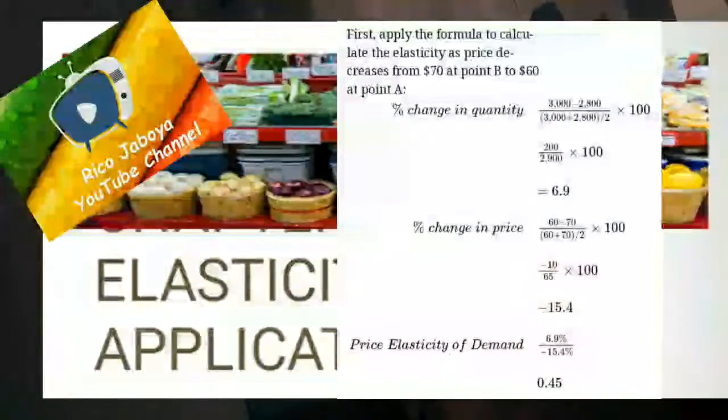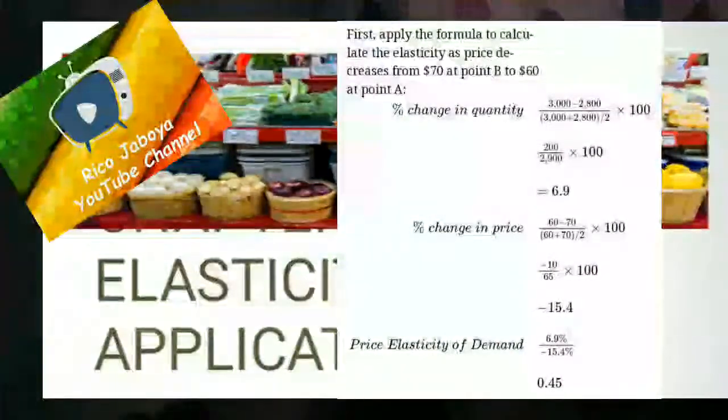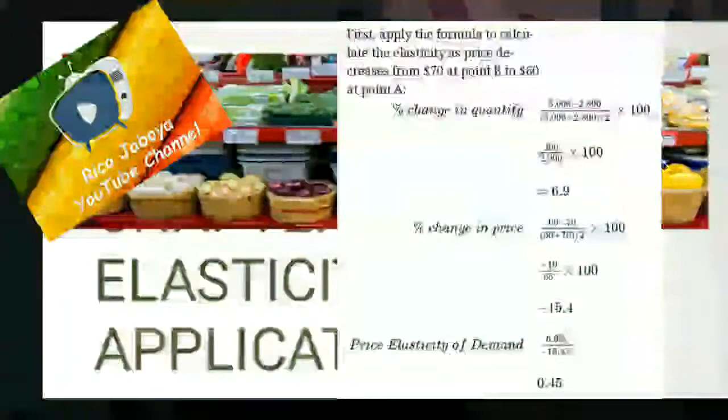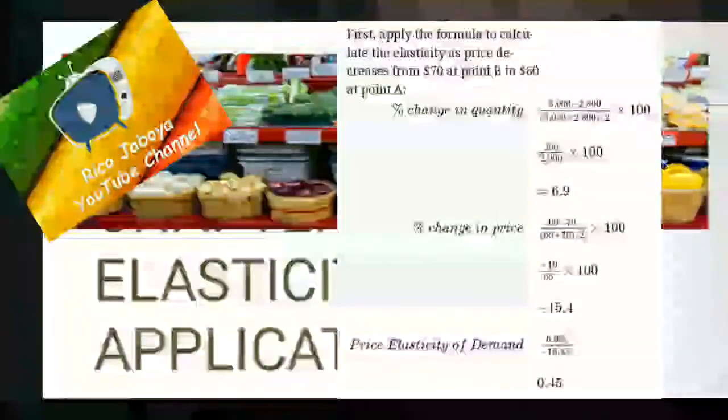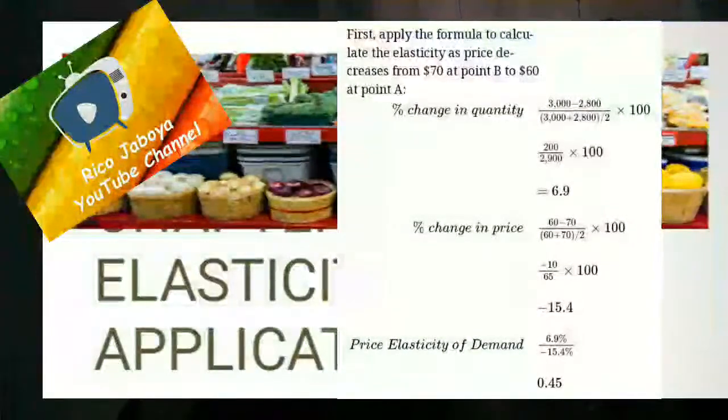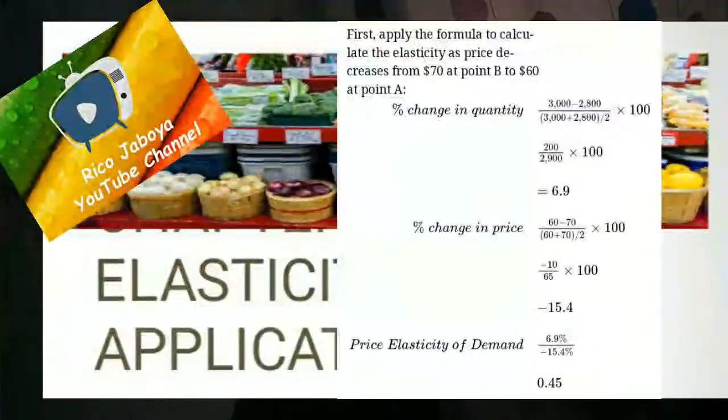The percentage change in quantity, as we mentioned earlier: we have 3,000 less 2,800, where 2,800 is the original quantity and 3,000 is the new quantity. Then we divide that, then multiply by 2.